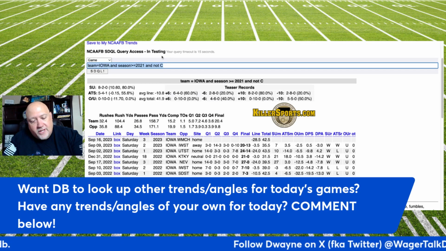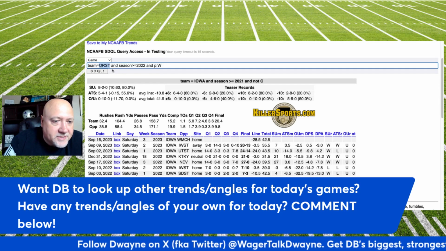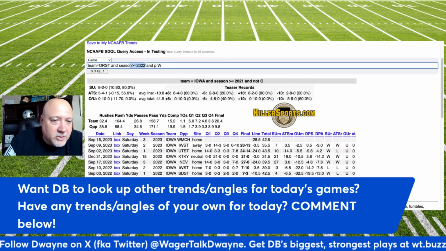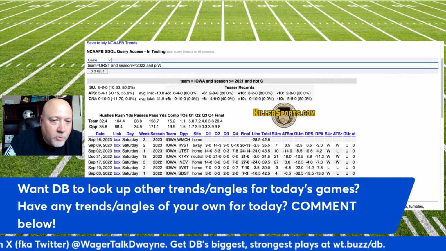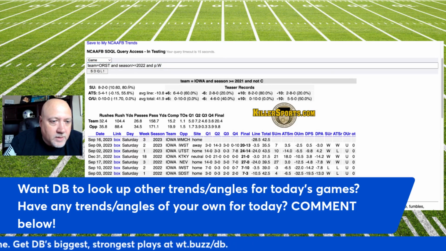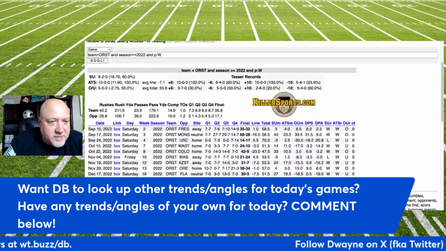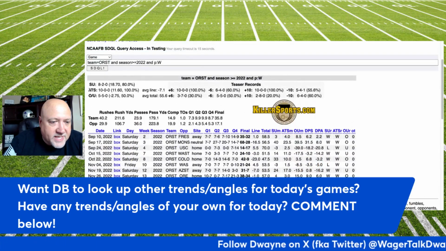For college trend number 7, we are going to look at Oregon State. We're going to go back and include last season when they are coming off a straight up win. We'll hit the STQL button, and you'll see that the Oregon State Beavers are a perfect 10-0 against the spread.